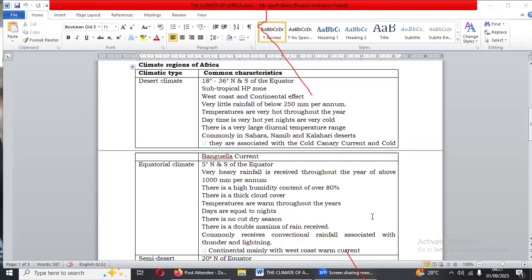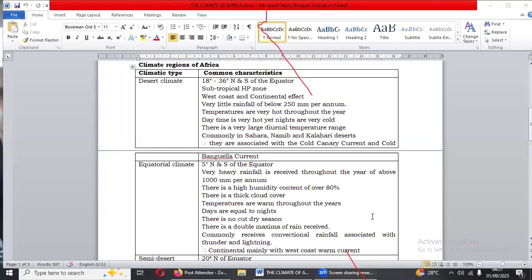And members, there is the way how I want us to look, how I want you to always observe what we call geographical descriptions. For example, one of you was describing rainfall and said, very small rainfall is received.